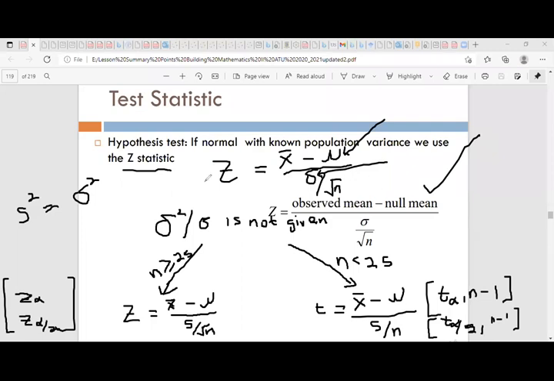If the sample size is 25 and above, which we say is large, then we still approximate, because the central limit theorem says that as your sample size gets large, your distribution more closely approximates a normal process. Good. So we can approximate it to a normal distribution, whilst when n is less than 25, we make use of the t distribution.